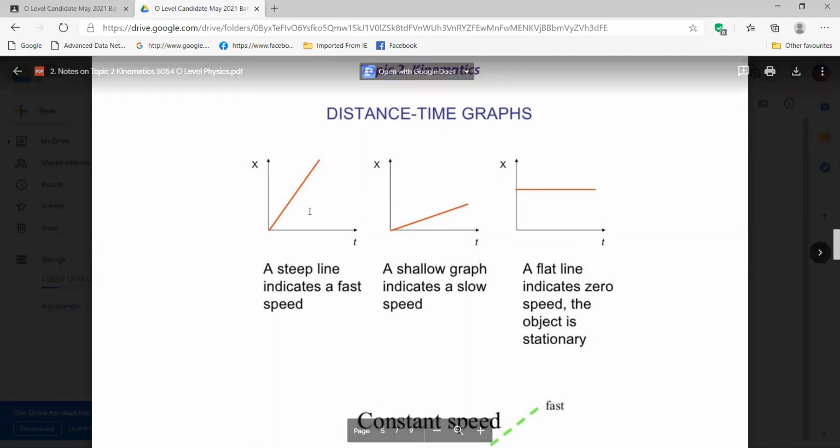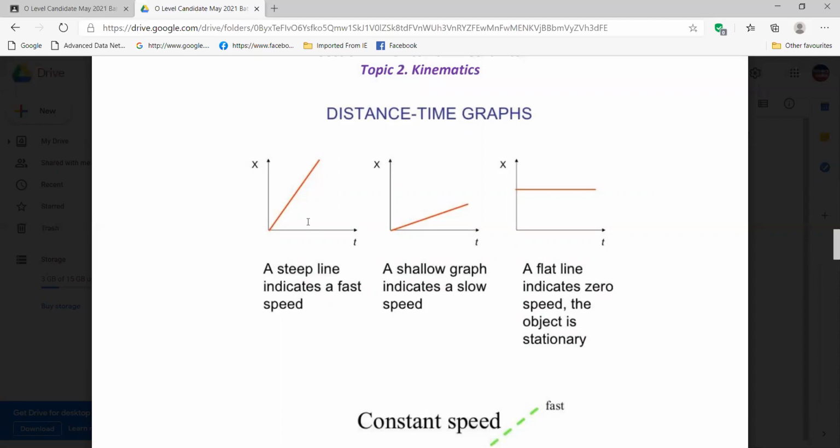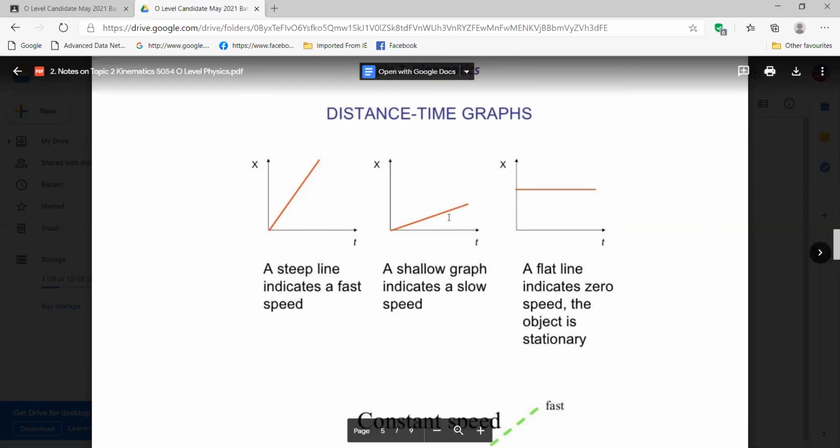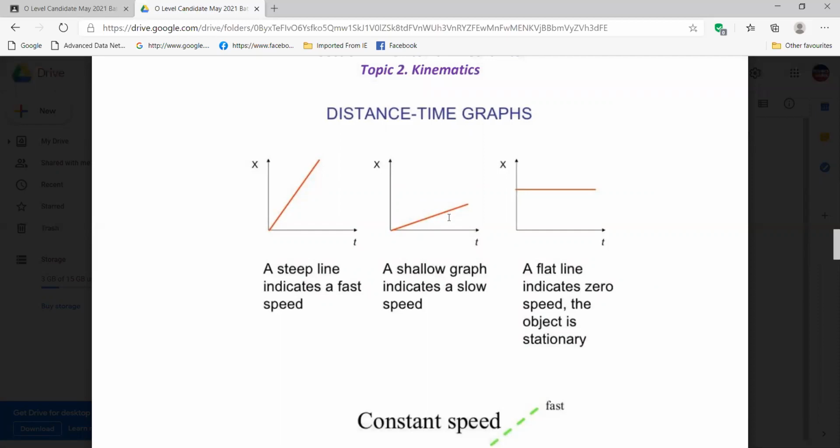These two diagrams, both are constant speed, but one is with more speed, another one is less speed, right? Yes, sir. So how do we understand it? If the line is steeper with a greater positive gradient, then there is more speed in distance time graphs.